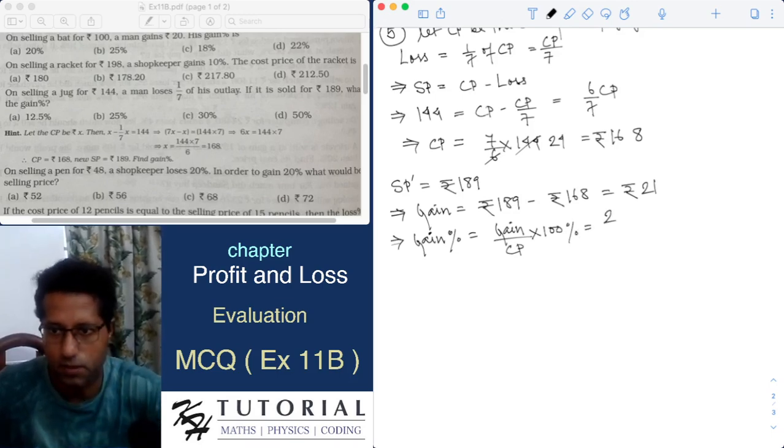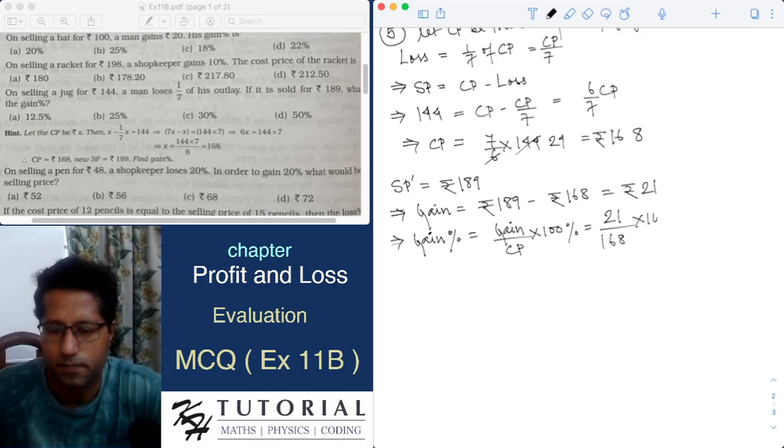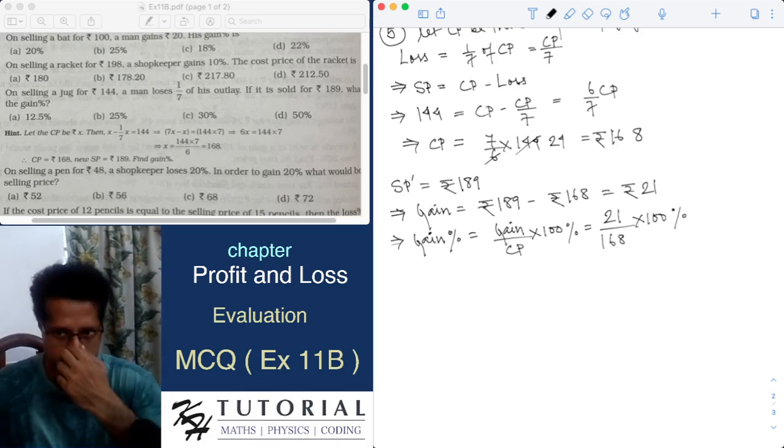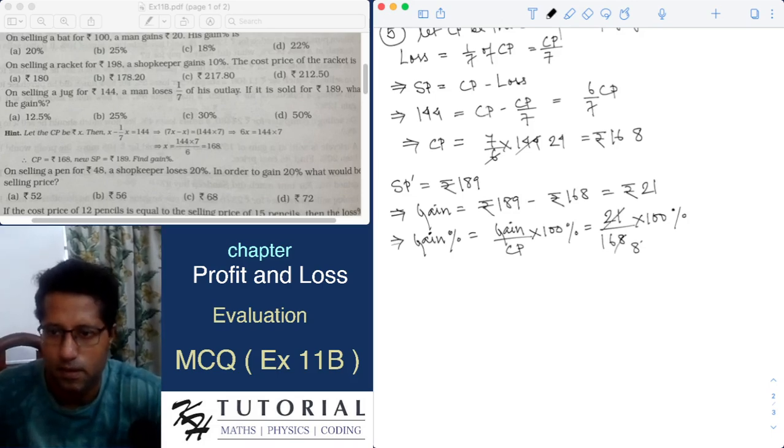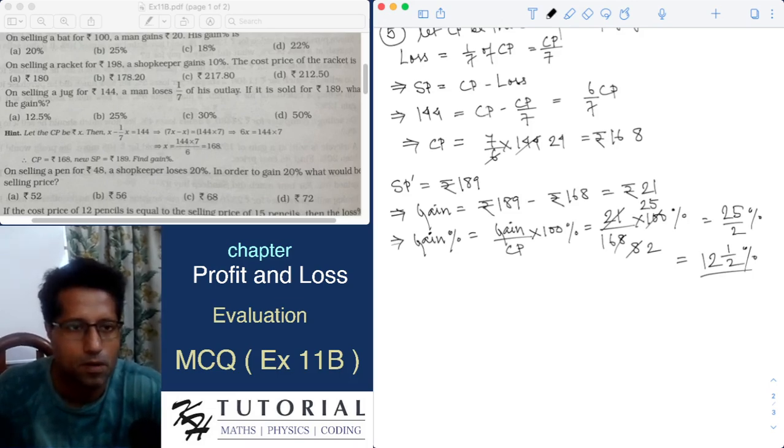We calculated the gain to be 21, CP was 168, and we have 100%. So 8 and 4 to 25, this is equal to 25 by 2%, which equals 12.5%. So this is the gain percent. So the choice is A.